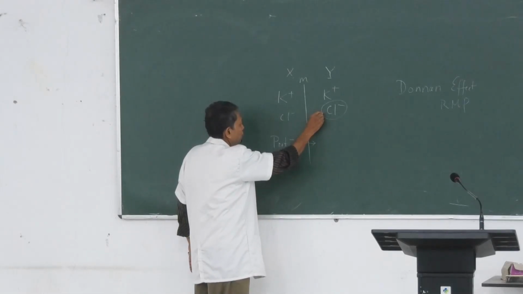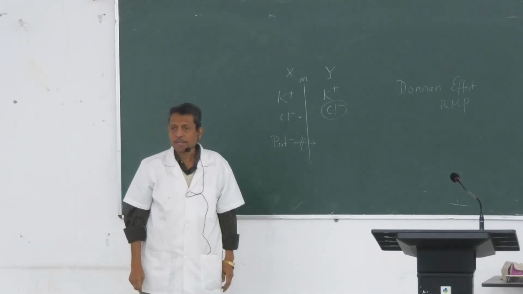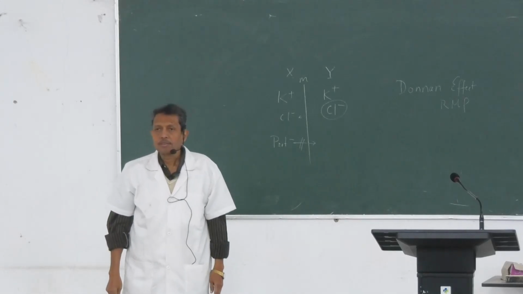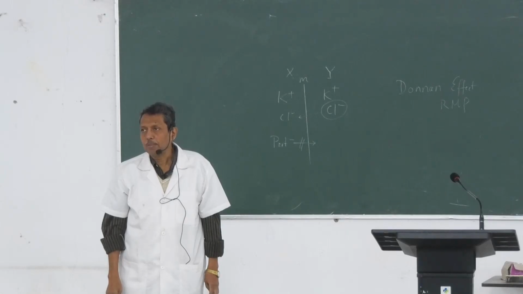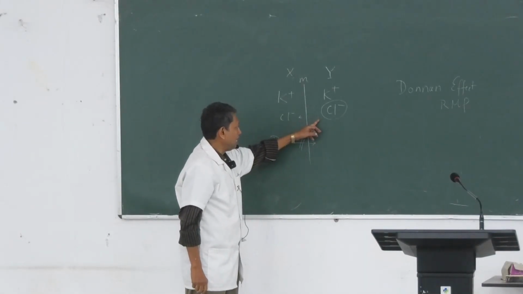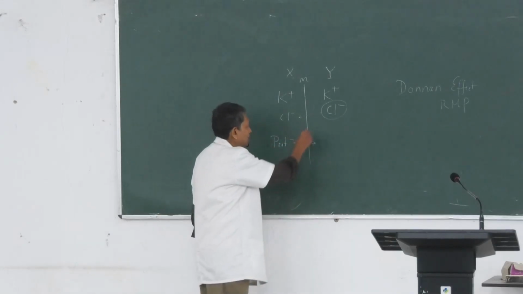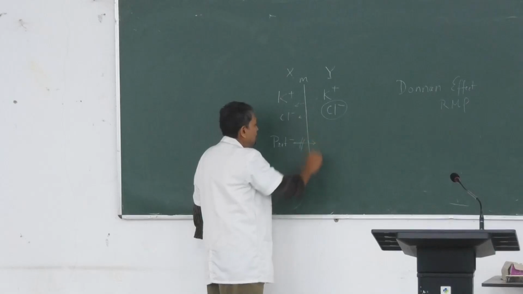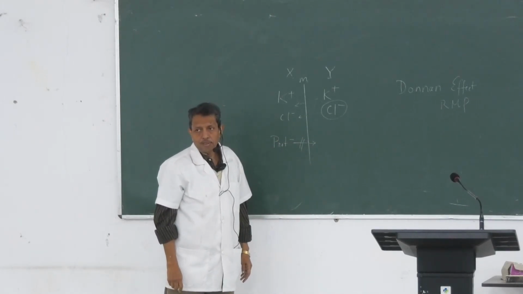There is some movement of this ion, chloride ion, following the concentration gradient, difference of concentration, and following this, there is movement of chloride ion from Y side to X side. And along with this, there is some movement of potassium ion, a natural tendency to maintain the electrical neutrality.